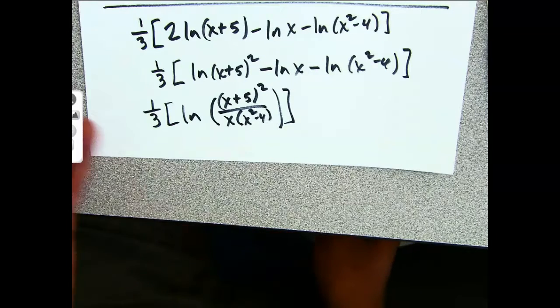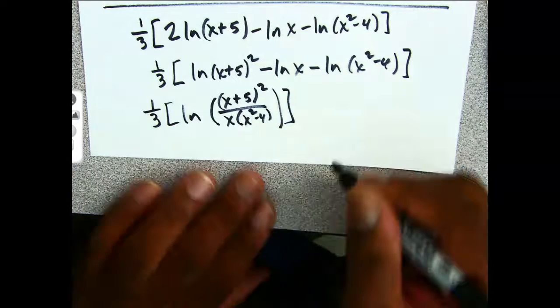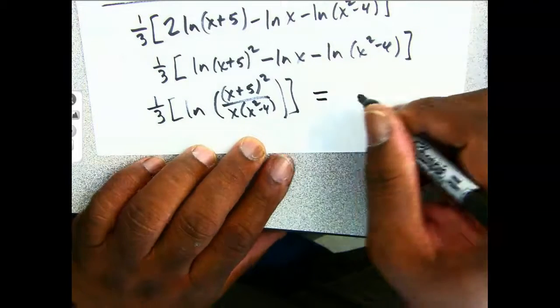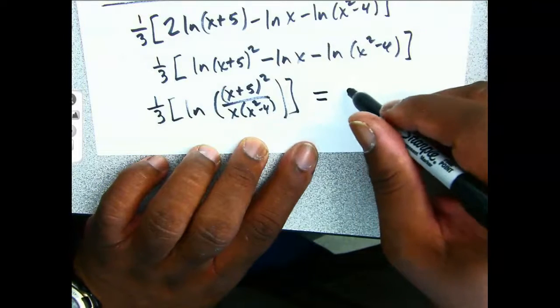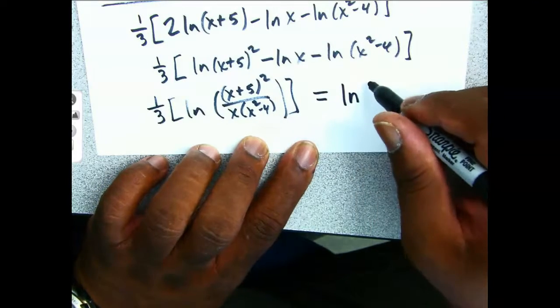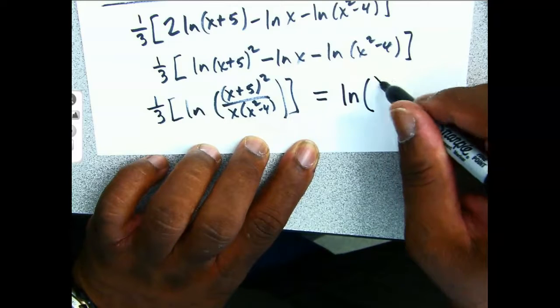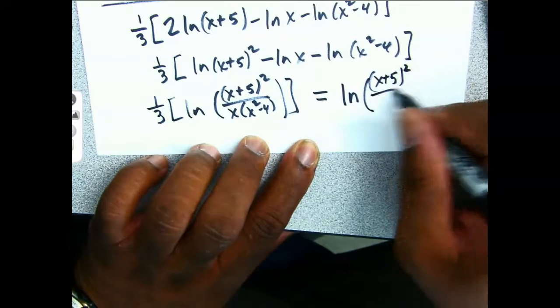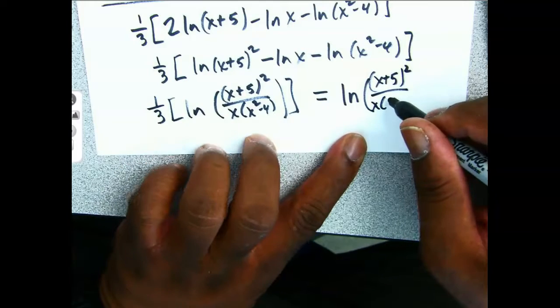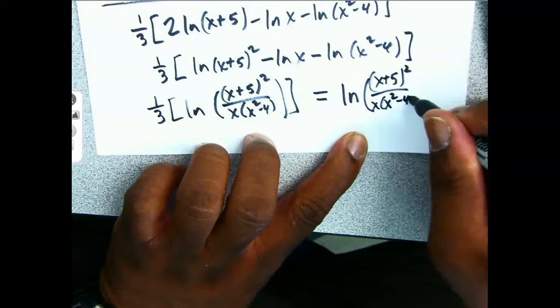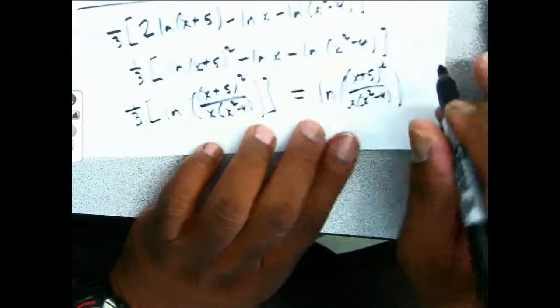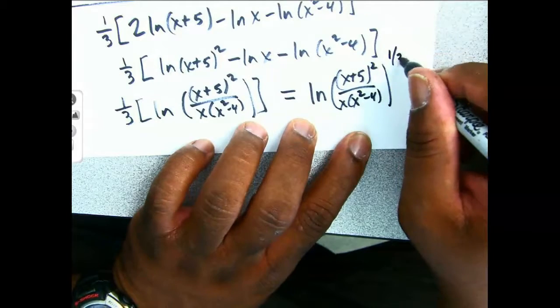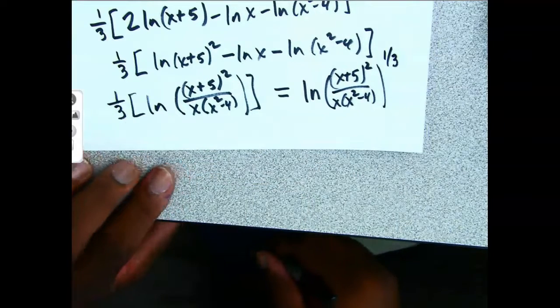And then now we can bring in the 1/3. So your final answer is going to be natural log of x plus 5 squared over x times x squared minus 4, all of that to the 1/3 power.